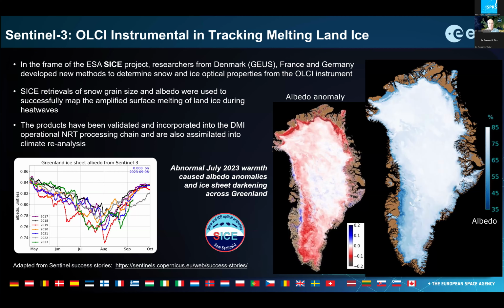And so here we see an example of the albedo anomaly from one year to the next. And here you see a movie showing a reconstruction of the seasonal and interannual variability in albedo as mapped using the Sentinel-3 products.